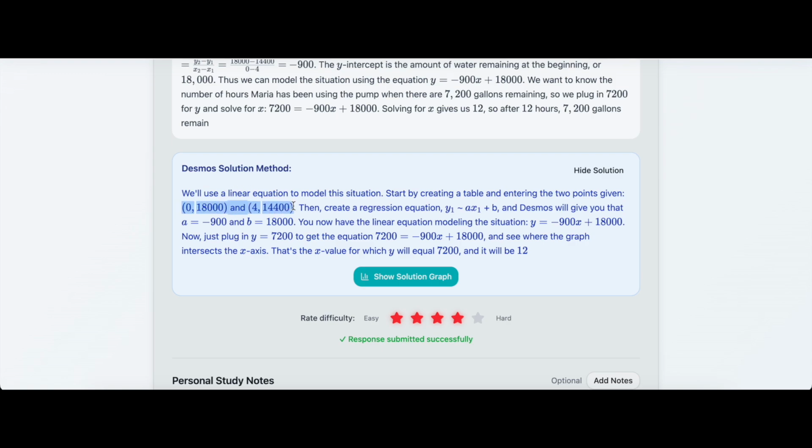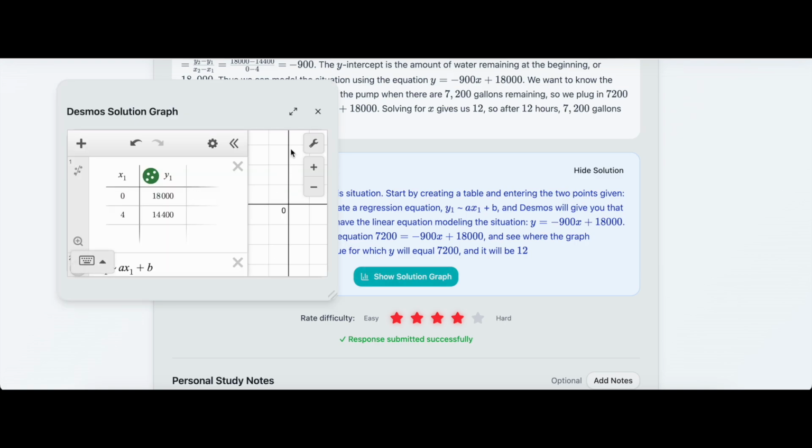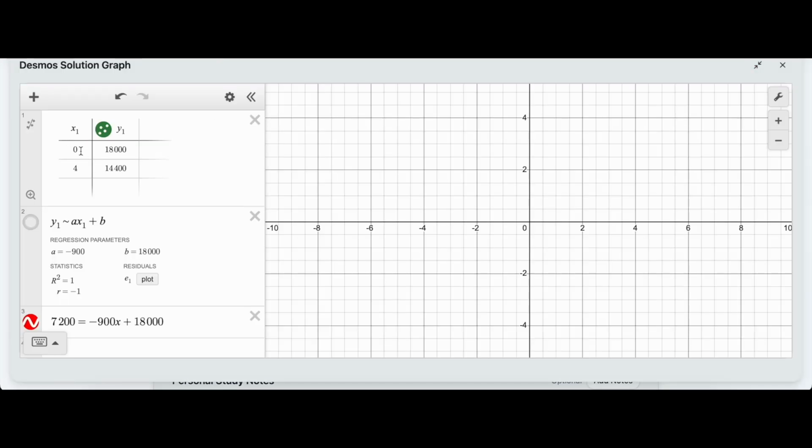what you can do is use these 2 points and plug them into a table in Desmos, and then create a linear regression, and Desmos will do the manual work for you. It'll find the coefficients of the linear equation for you. So what we do is we put in the 2 points that we identified, 0, 18,000 and 4, 14,400, and then you plot this linear regression.